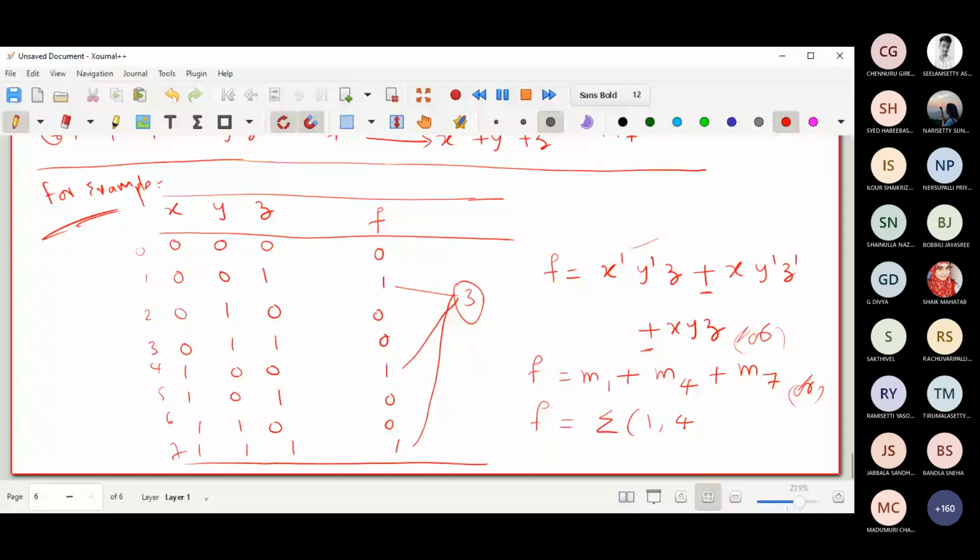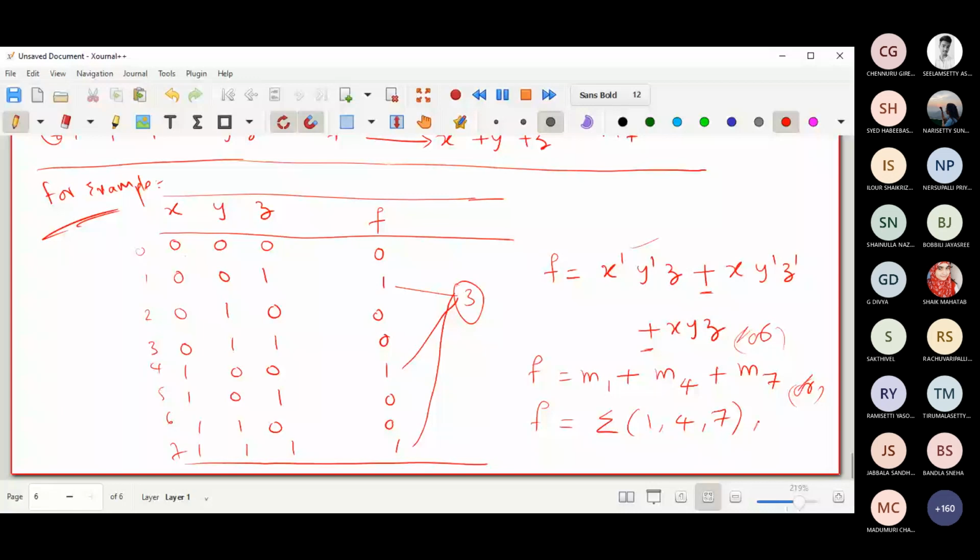In some textbooks they will give it as summation of small m or capital M, or directly give summation. Why summation? Because you are doing plus here. What are the minterms? 1, 4, 7. Clear? So these are the minterms.